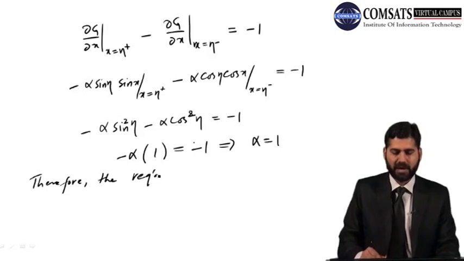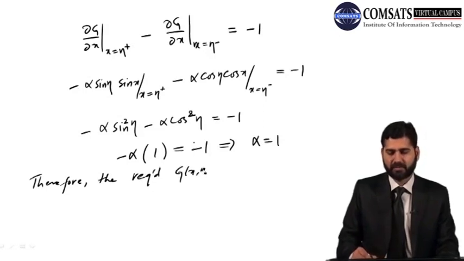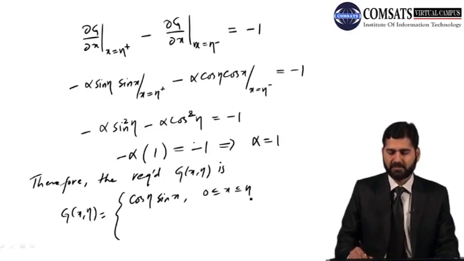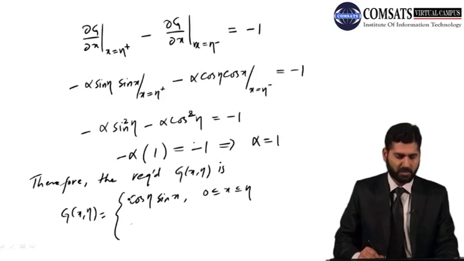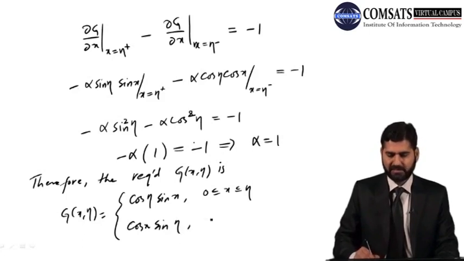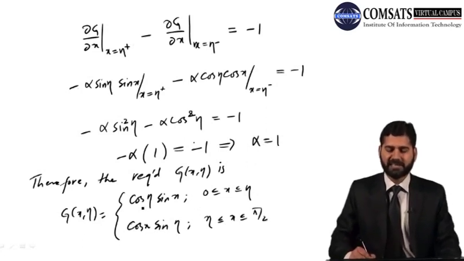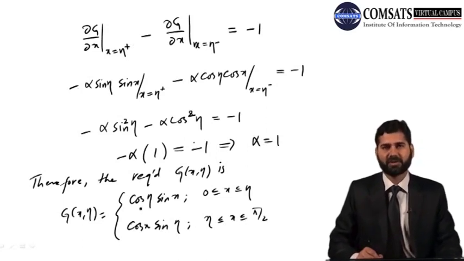The required Green's function is g(x, eta) equal to cosine eta sine x from 0 to eta, and cosine x sine eta when eta is less than x less than pi by 2. So now it's completely determined. There is nothing left here, no unknown thing inside your Green's function.